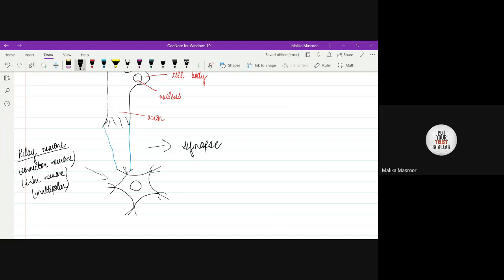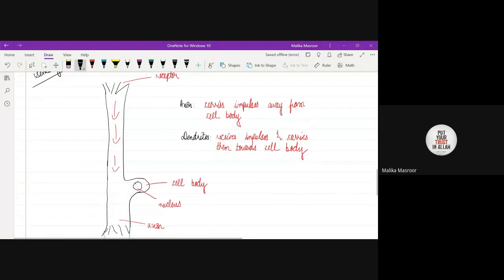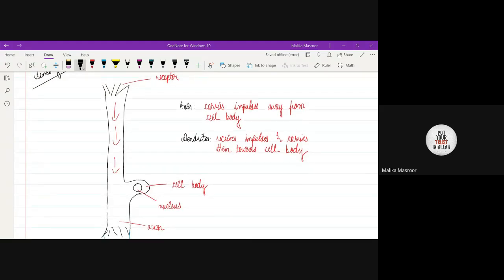Is this clear? Yes, miss. Is the junction point clear? What is a synapse? A synapse is the junction between two neurons. Clear.